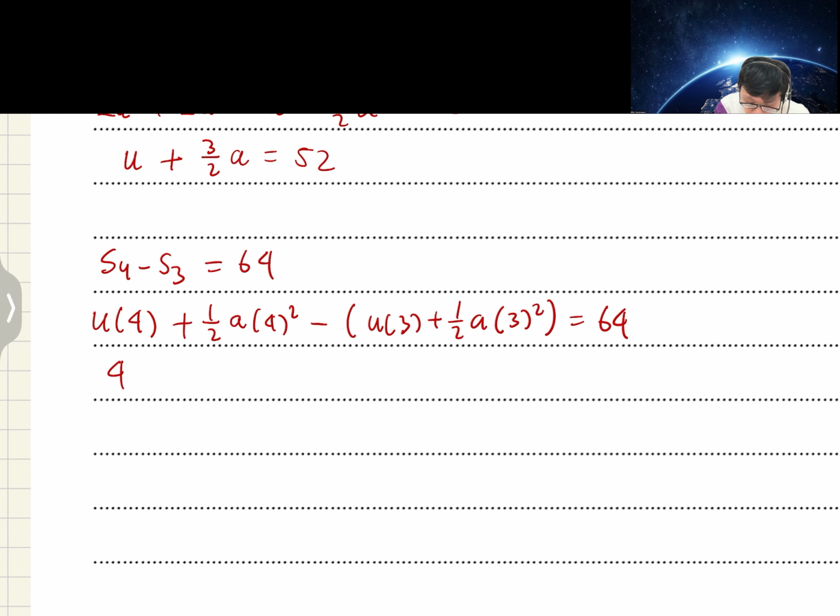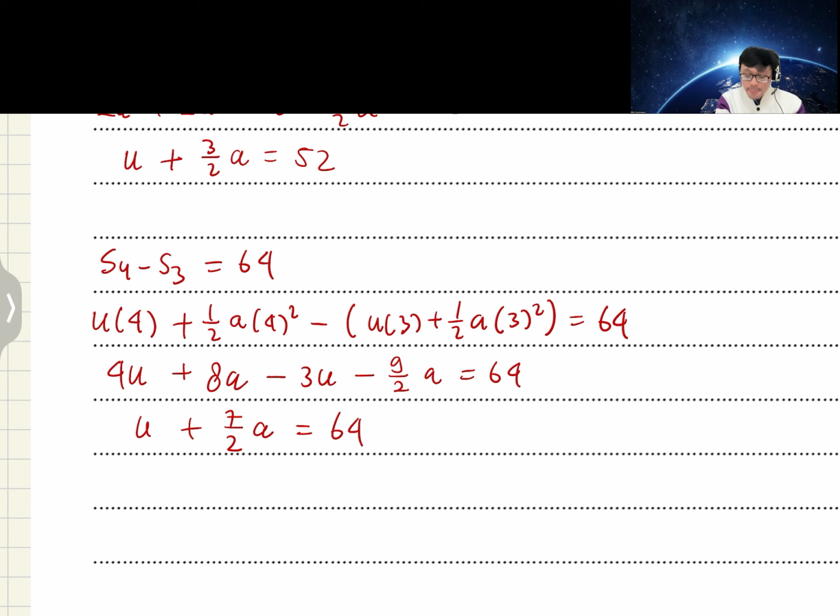So we have 4U plus 8A minus 3U minus 9 over 2 A equals 64. So here we get 4U plus 8 minus 4.5, which is 3.5, or 7 over 2, A, minus 3U, so you get U only here, equals 64.